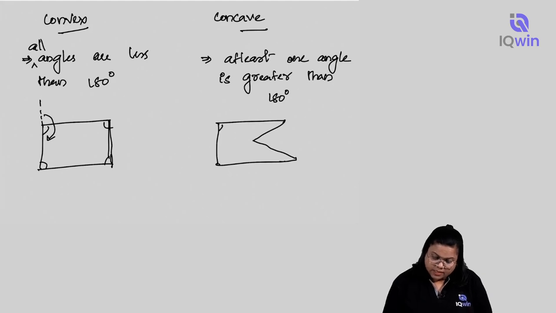See here, this is less than 180, less than 180, less than 180, less than 180. But see this angle. This angle is greater than 180. How can you say that? See, this much is 180, but our angle is this much, which is greater than 180. So now you know the difference between convex and concave polygons.